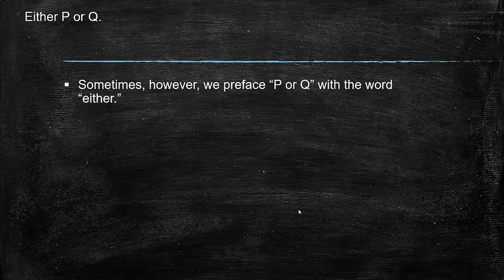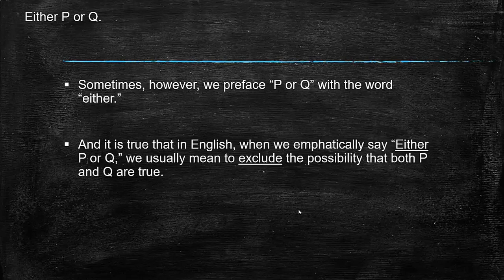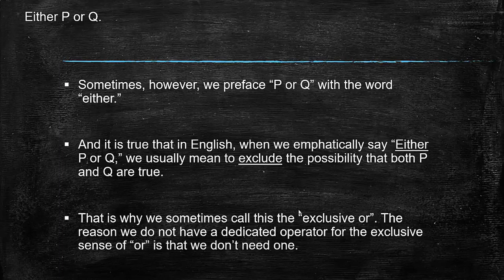Sometimes, however, we preface P or Q with the word either. And it is true that in English, when we emphatically say either P or Q, we usually mean to exclude the possibility that P and Q are both true. That is why we sometimes call this the exclusive or.